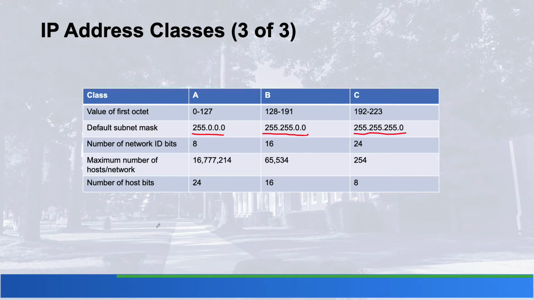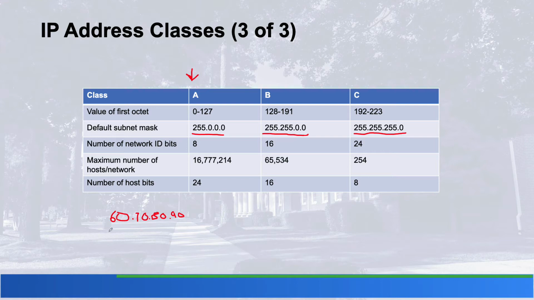So if I have the IP address 60.70.80.90, you should be able to tell me which class that is. That's a Class A address because, look at the first number, it's between 0 and 127.